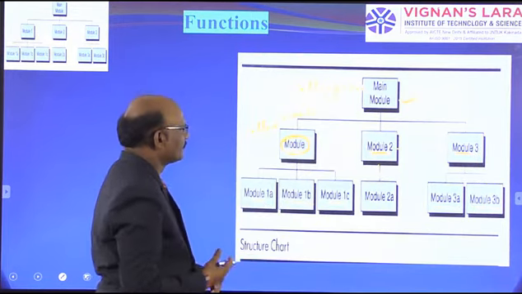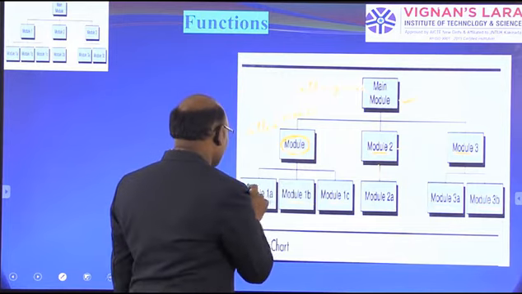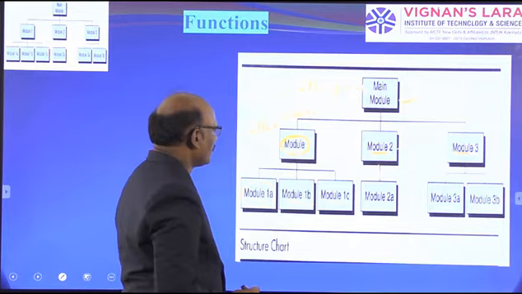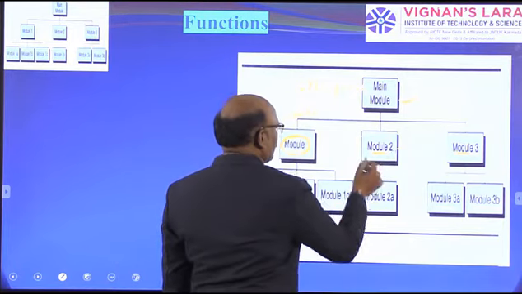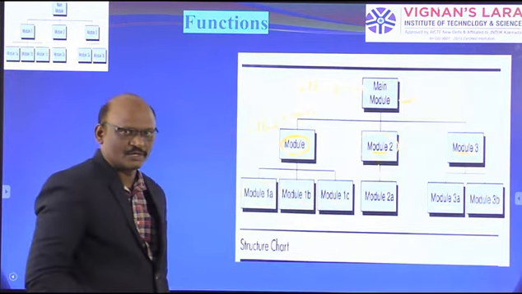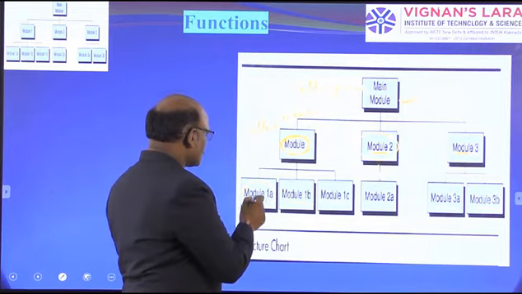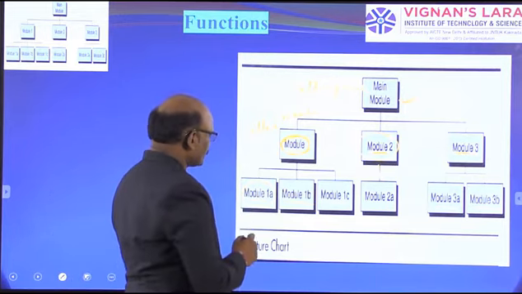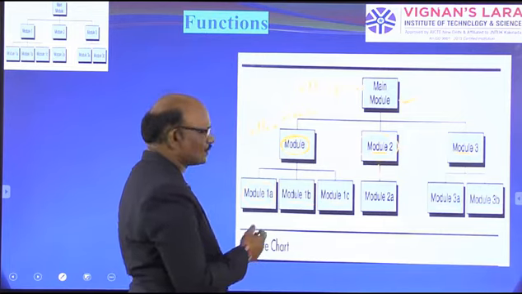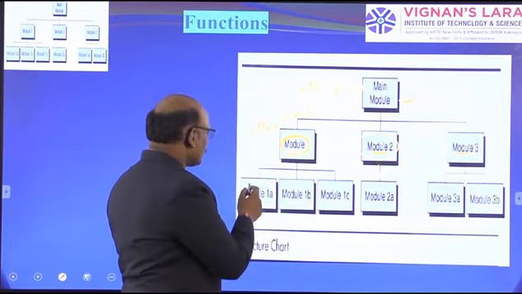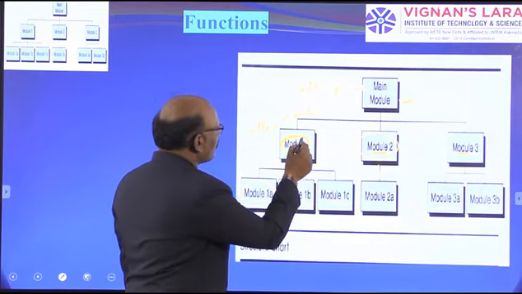For example, module 1A wants to communicate with module 2. The communication can be done only via the calling module. The calling module of module 1A is module 1.